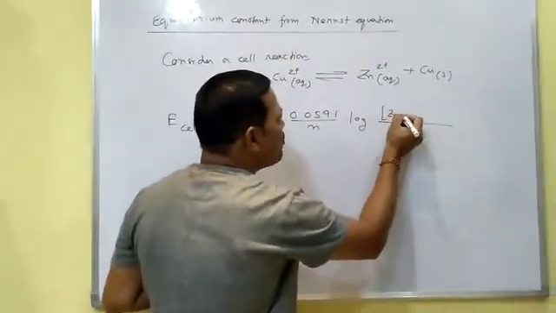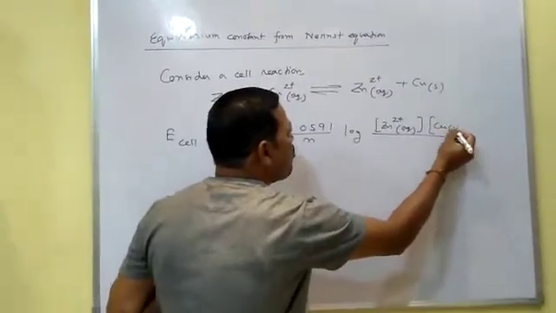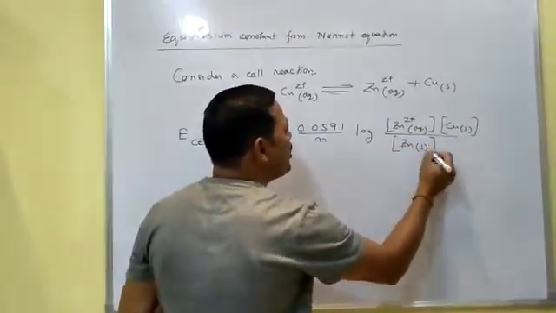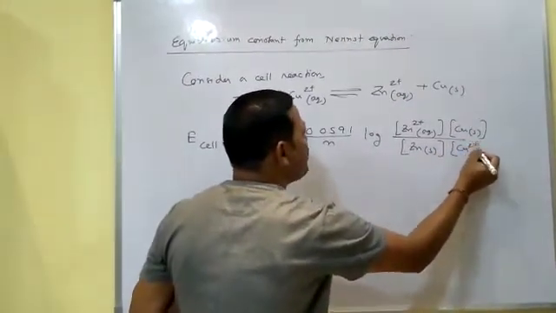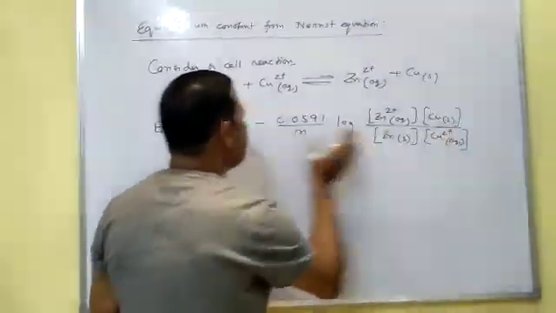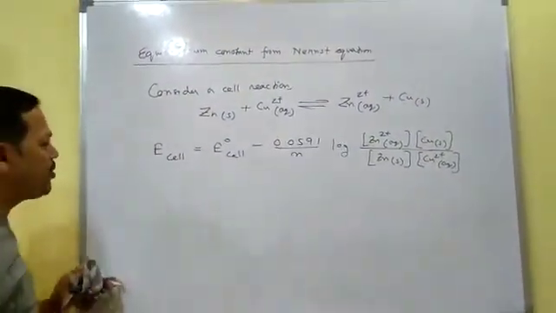I mean concentration of Zn2 plus aqueous into concentration of copper solid divided by concentration of Zn solid into concentration of copper 2 plus aqueous. So like this way you can write the Nernst equation. E naught cell means E naught of cathode minus E naught of anode.